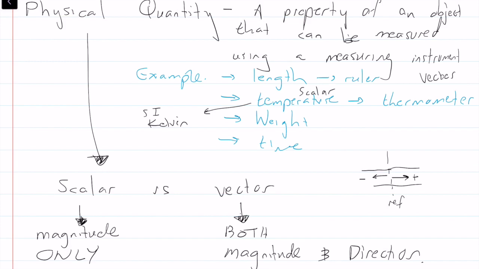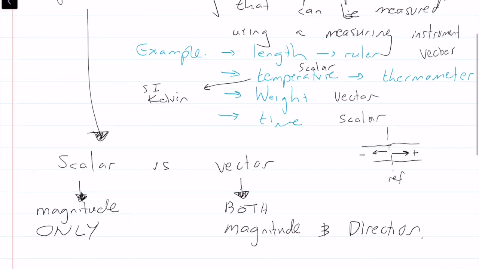When we speak about weight, what we're speaking about are forces. You can have positive or negative forces, so this would be a vector. In time, I know it would be really fun to go backwards in time, but we can only go forwards in time. So time would be a scalar. It only has magnitude. It can only be 10 seconds. You can't have a negative 10 seconds.